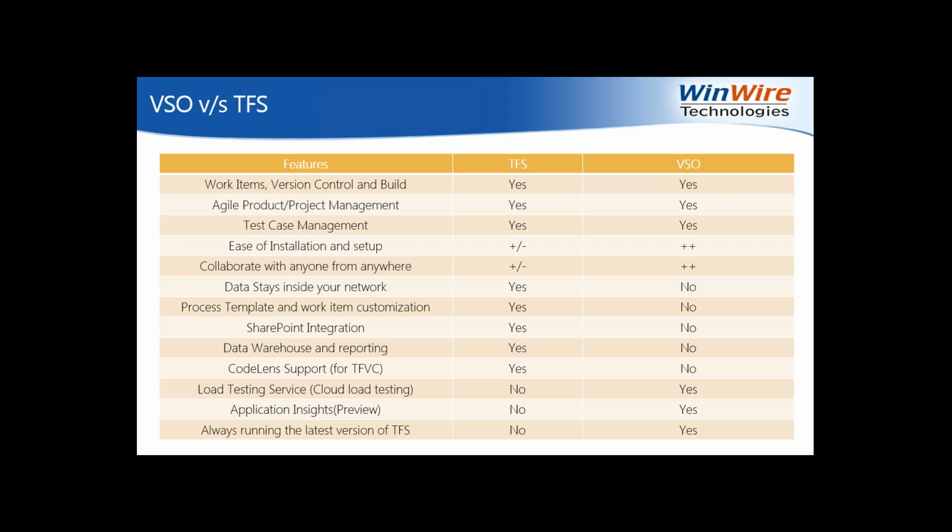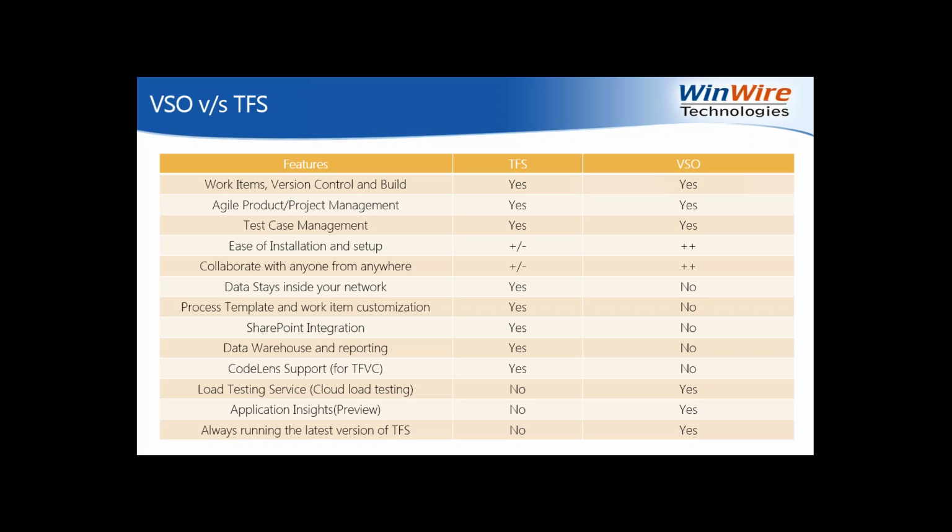Now let's see at a high level what the feature difference is between Visual Studio Online and TFS. As you can see, a few features are there in both Visual Studio Online and TFS. A few features are not part of Visual Studio Online, but they are part of TFS.